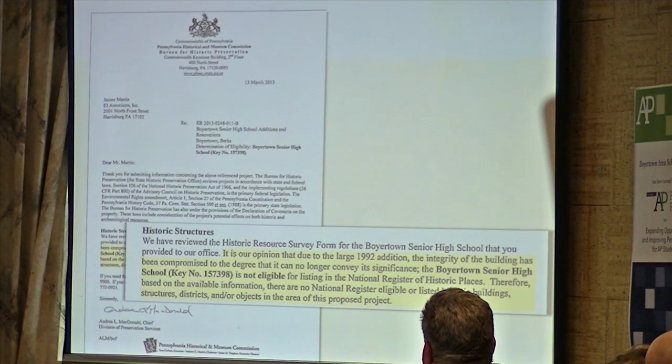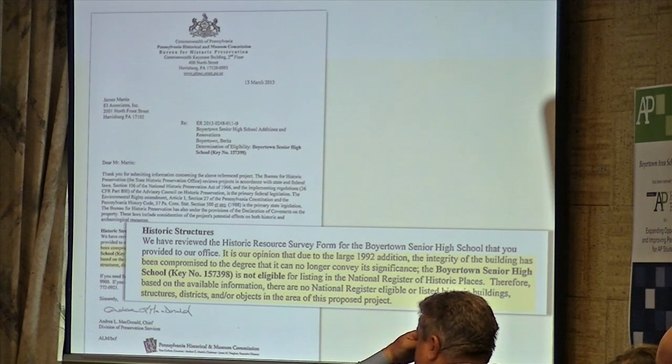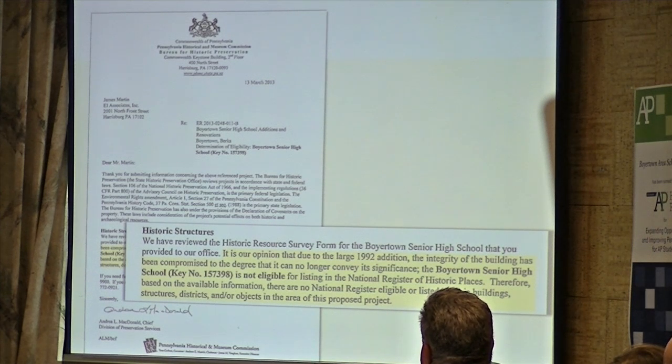As part of the plan-con process, any structure that is over 50 years old, we're required to write a letter to the Department of Education when we submit plan-con A and B, which the board submitted. Then the Department of Education notifies the Museum and Historical Commission that there's a building being renovated that's over 50 years old.